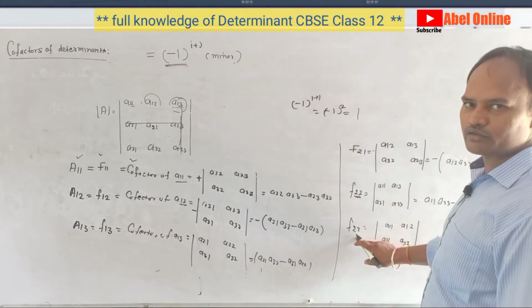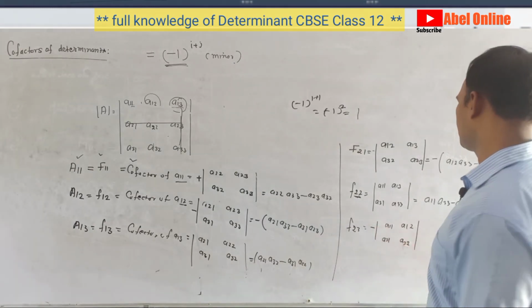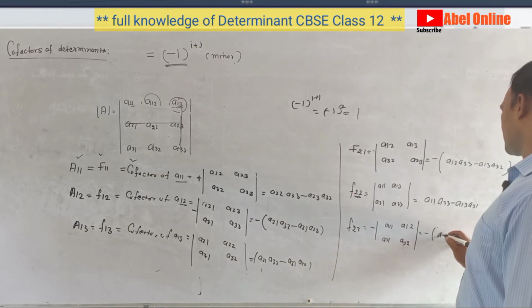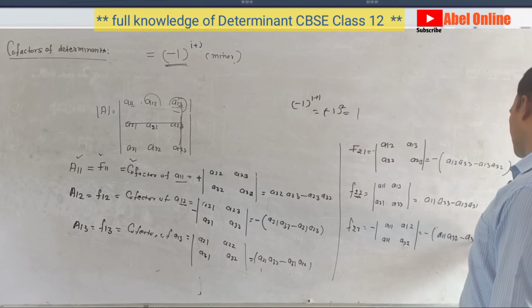Remember 2 plus 3, it is a 5, so it is an odd number, so you have to use a negative sign. So it is minus, and it is A11 A32 minus A31 A12.